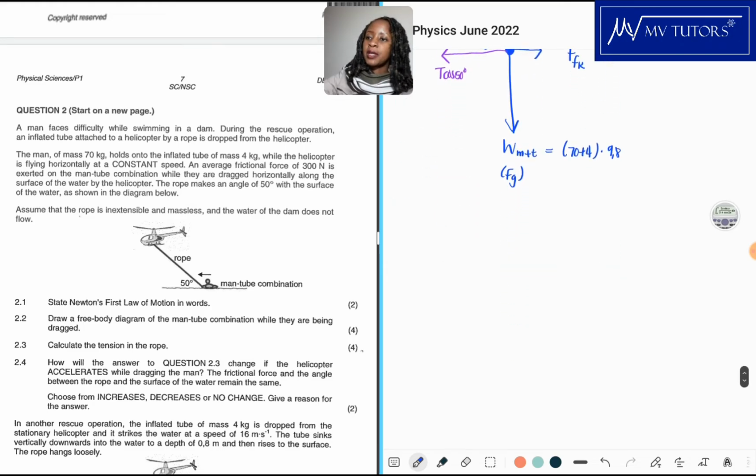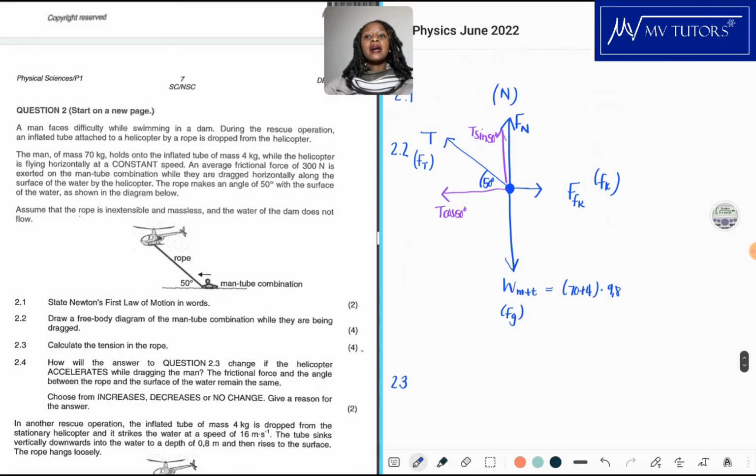Now 2.3. Now we need to calculate the tension in the rope. I'm going to look at my sketch, and looking at the horizontal is way easy. I'm going to calculate the tension in the rope using the horizontal forces. I don't want to deal with the vertical because it gets a little bit complicated, especially with the normal force.